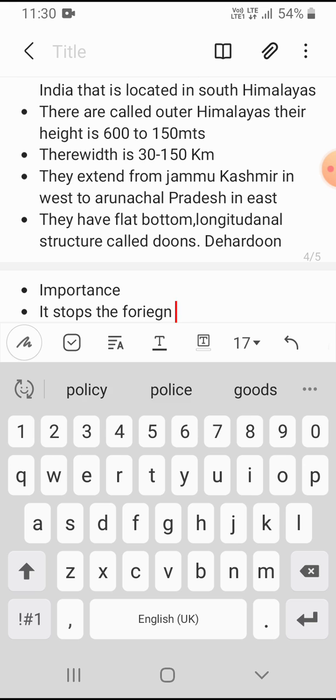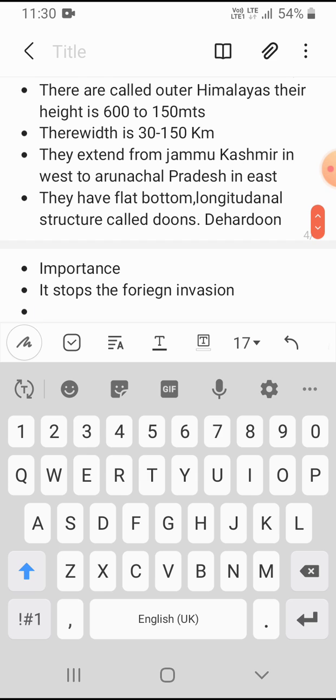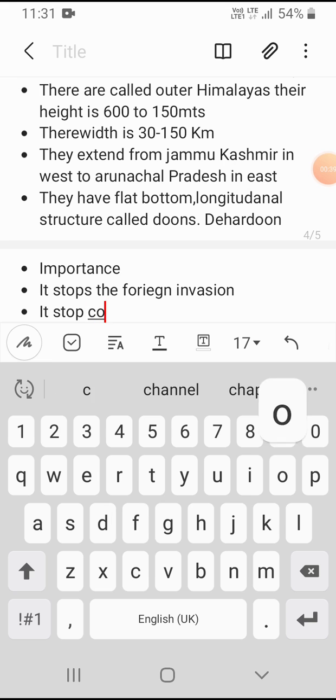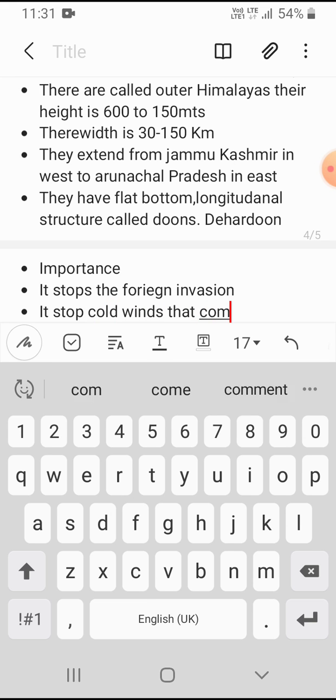Means it stops foreign people from coming to India. About 2200 years ago, when the foreigners were coming from that place, they were stopped by the Himalayas, and now also it stops cold winds that come from Central Asia to India.